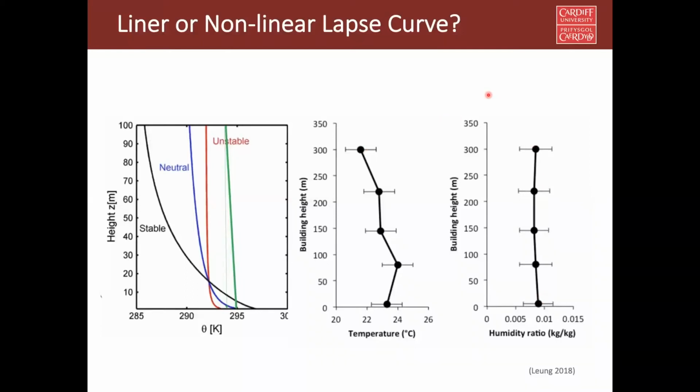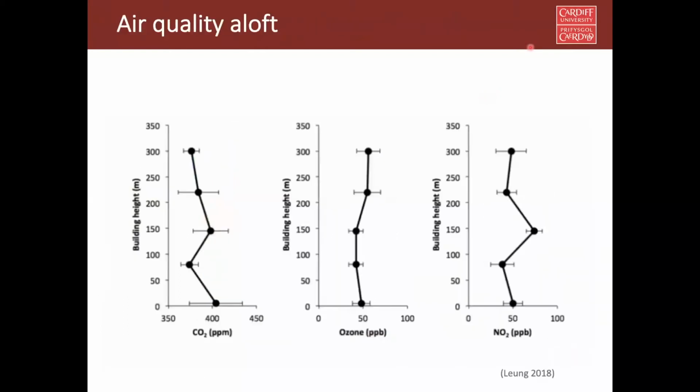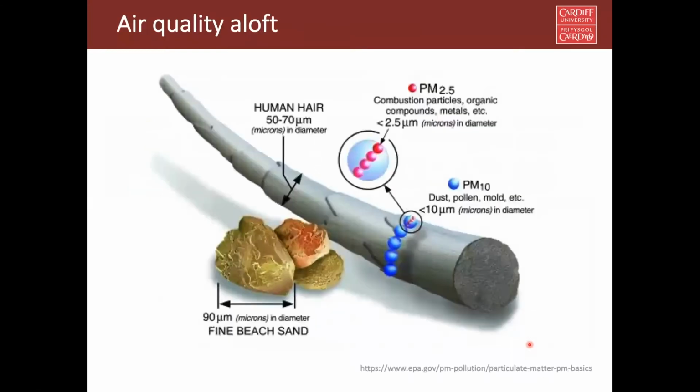Now, temperature and humidity are not the only variables. There are other issues to deal with air quality. If we look at CO2 along the height, it sometimes increases, sometimes decreases, and again decreases and increases. So it keeps changing. It's very non-linear. The same goes for ozone and nitrous oxide. More importantly, these days, in terms of indoor air quality, PM level is very important.